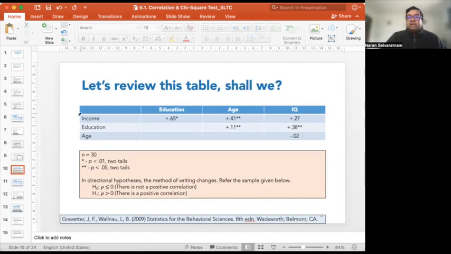Here we have a table with education, age, IQ, and income, and the correlations are given. Some of these correlations are significant, denoted by stars, and some are not. These are things you would notice when you do this kind of analysis, especially on SPSS.